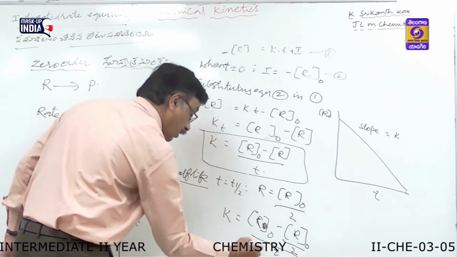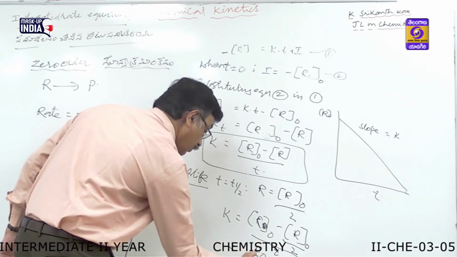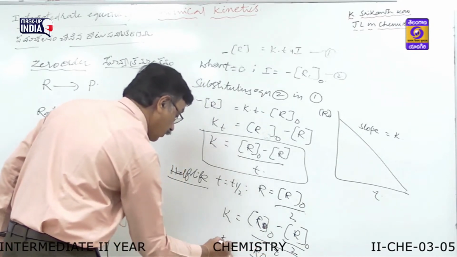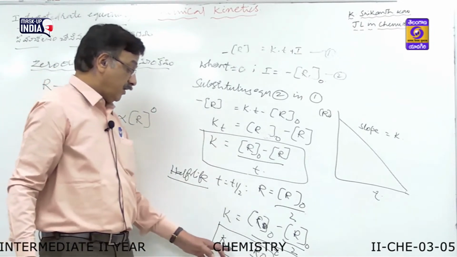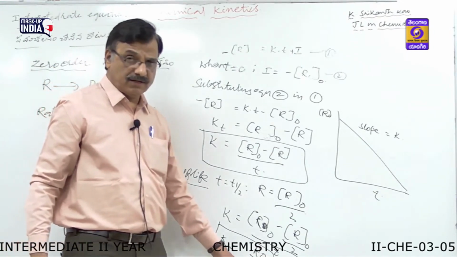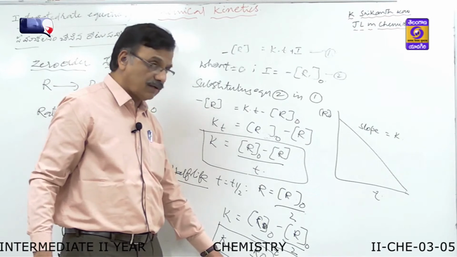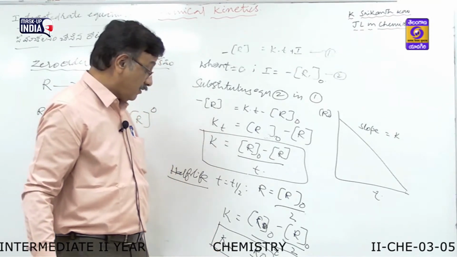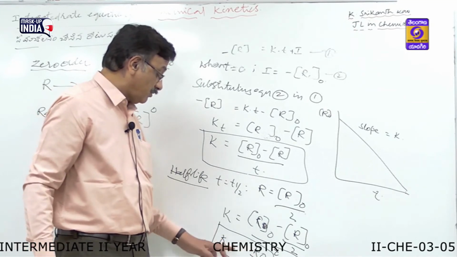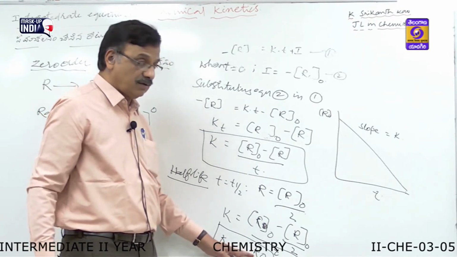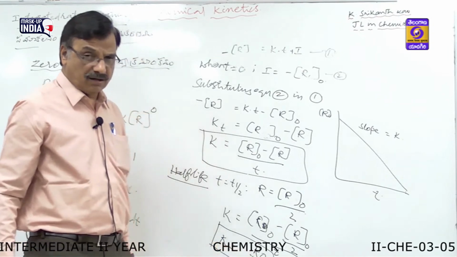So k equal to R naught by 2t. So here rate constant depends upon the time and the initial concentration R naught.